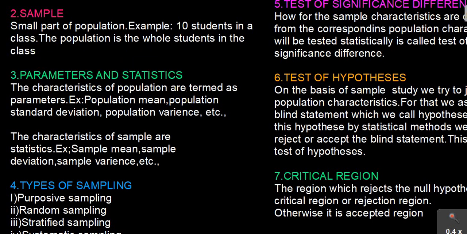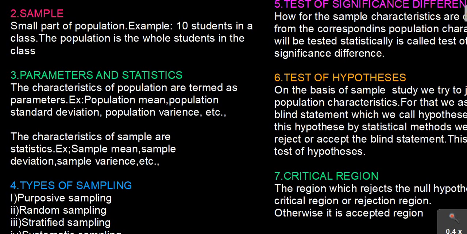The characteristics of the universe or population are called parameters, whereas the characteristics of small samples we call statistics.